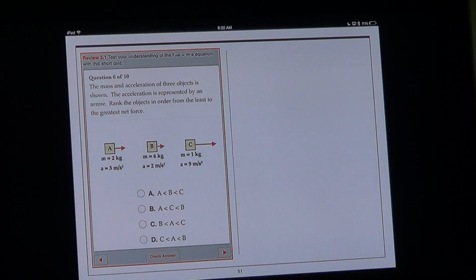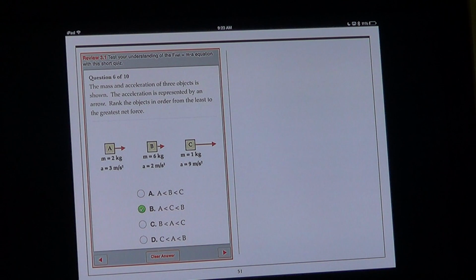Which is why we multiplied by them. Sorry. So how do we isolate the net force? Multiply mass and acceleration. Right. So it's B. Which order would it go? Good. A is less than C is less than B, so A then B then C.